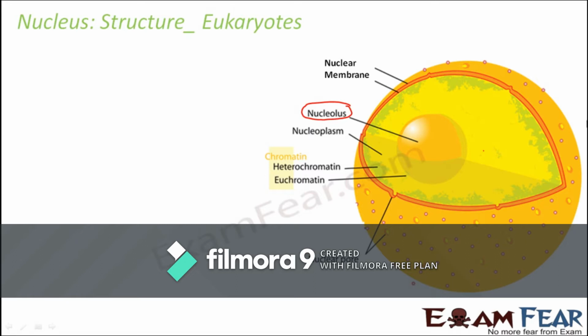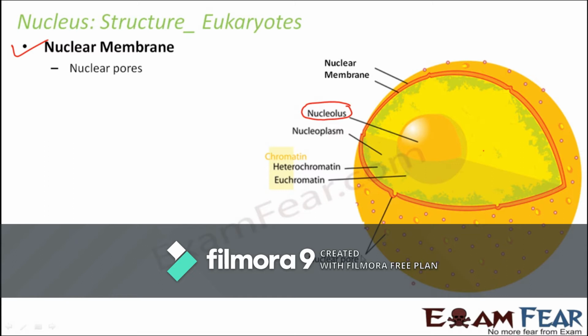Here the thing which you see on the screen is the nucleus. First of all is the nuclear membrane. You can see the outermost layer of this ball is the membrane which separates it from other components inside the cell. This nuclear membrane also has tiny pores on its surface.